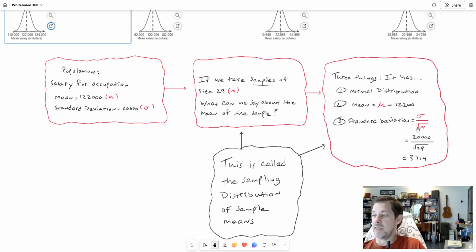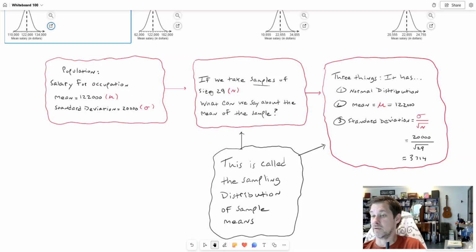So in that case, that's 20,000 over root 29, and with some rounding, that's 3,714. Okay, so for those samples of size 29, I can say these three things about the averages: normal distribution, mean, standard deviation.